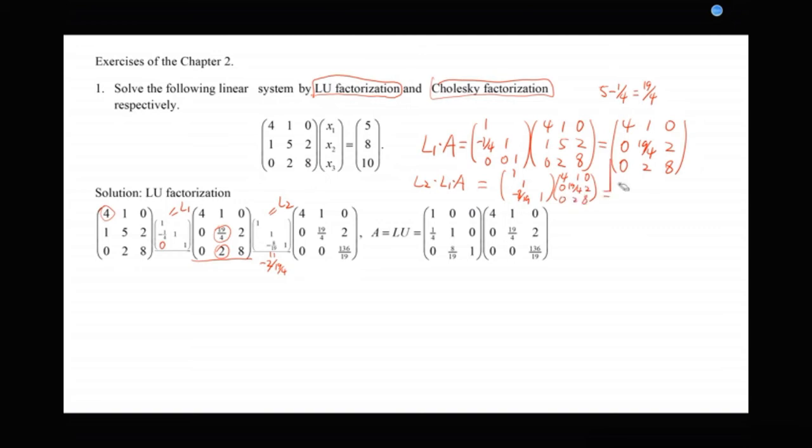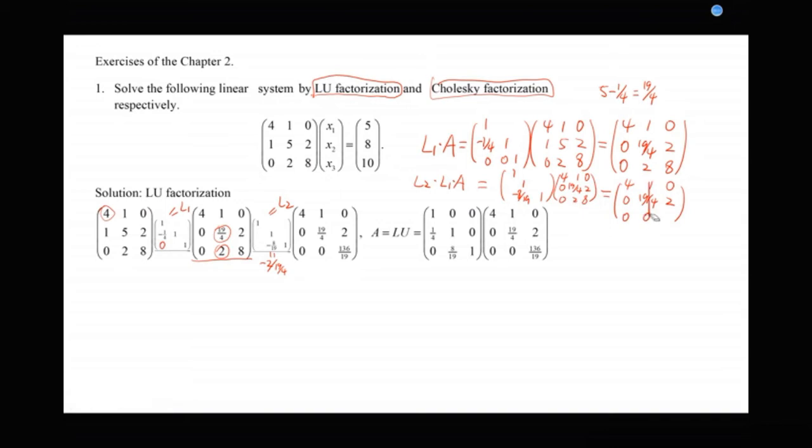Let's compute the matrix. You don't change the first row or the second row, so you only need to compute the last row. The last row multiply the first column should be 0, and multiply the second column also should be 0.